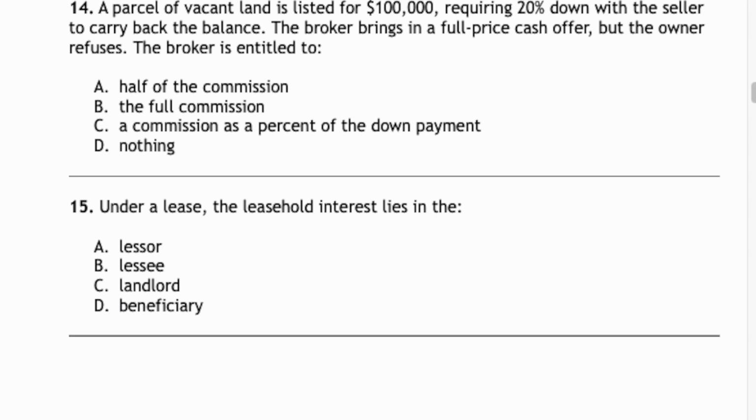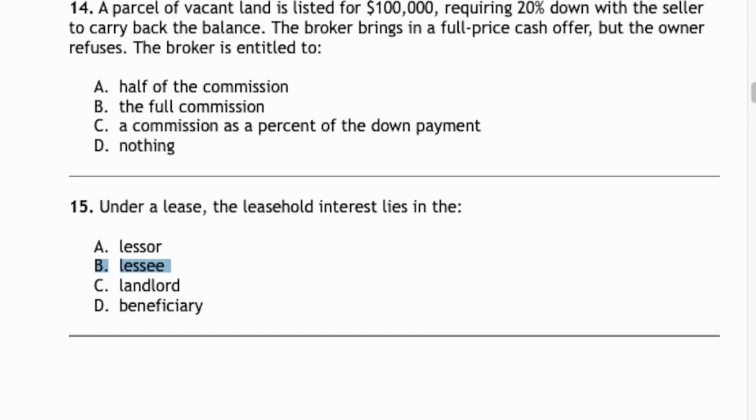Number 15. Under a lease, the leasehold interest lies in the A, lessor, B, lessee, C, landlord, or D, beneficiary. The answer is B, lessee.